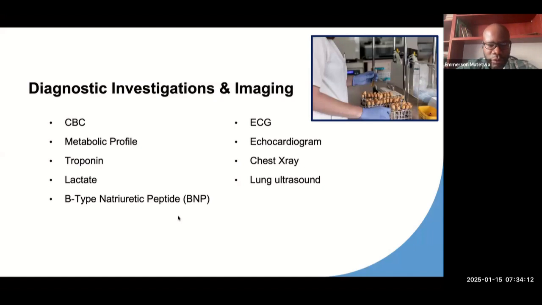And the troponin, basically, remember in acute myocardial infarction, troponins can be used to make the diagnosis in somebody who has got cardiogenic shock. Lactate is actually a very important parameter, particularly in terms of evaluating tissue hypoxia.